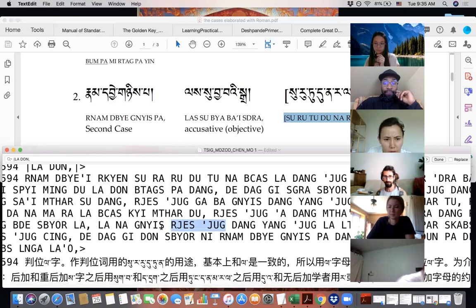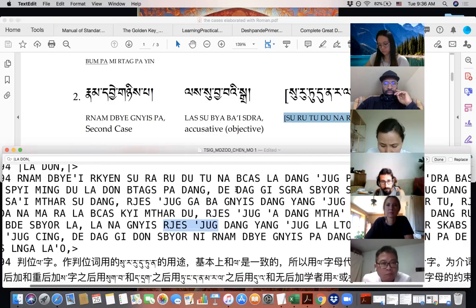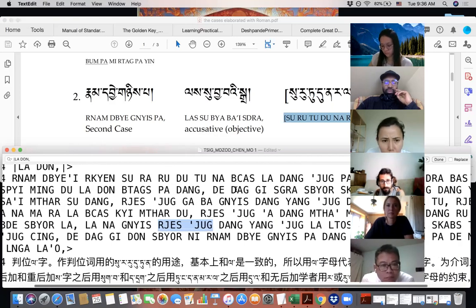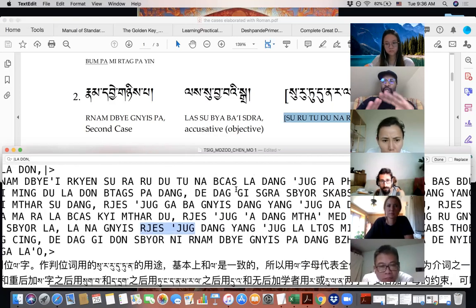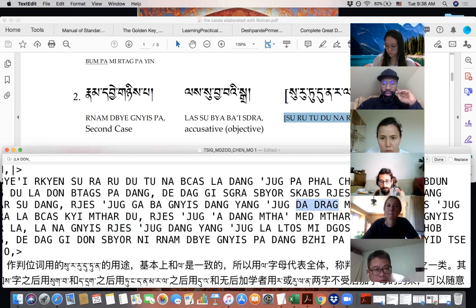And once again, after sa it's su, then after ka, pa, ta, it is tu. And you don't have to memorize this. I'm just showing you. After ka and pa, and tadrak, which is the secondary suffix ta, it's tu.